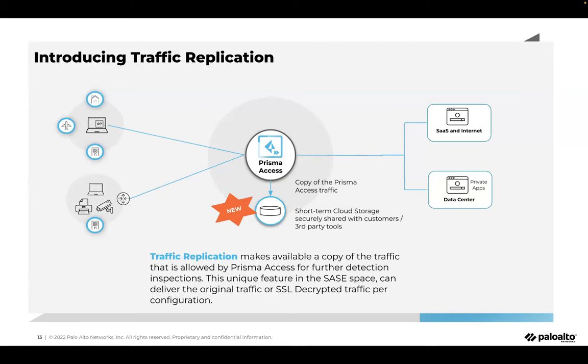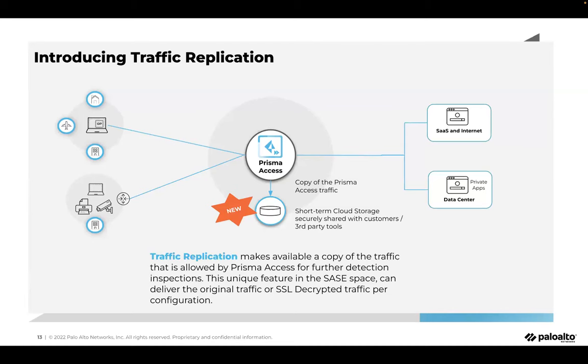So with all these technical and commercial reasons in mind, our design for Traffic Replication implies continuously storing PCAP files in a cloud storage object. Think about a Google storage bucket, or very similar an AWS S3 bucket that we are creating, and in these buckets we are constantly placing PCAP files representing this copy of the traffic that's traversing Prisma Access.